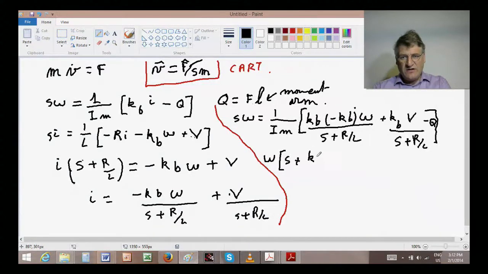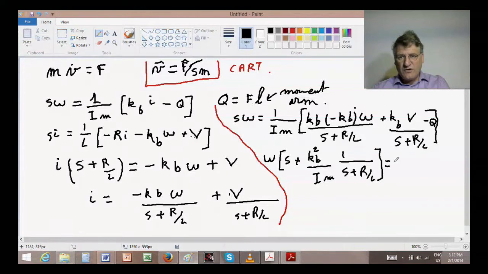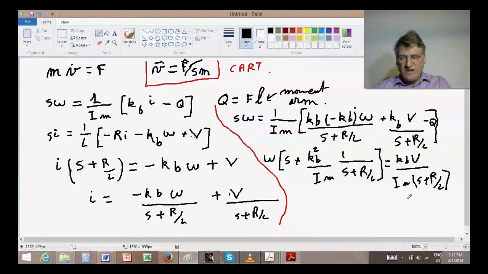So we're going to put KB squared here on top, divided by Im times 1 over S plus R over L, close parenthesis, must be equal to KB V over Im S plus R over L minus Q divided by Im, and that's it.